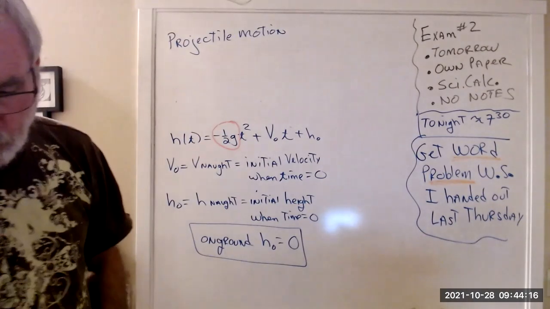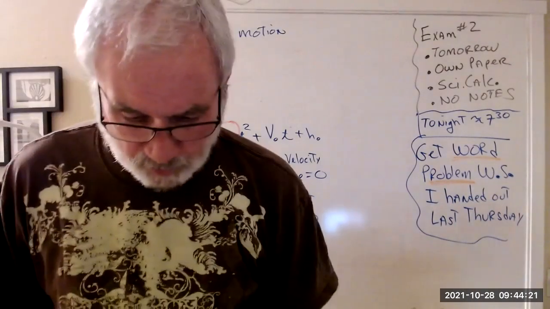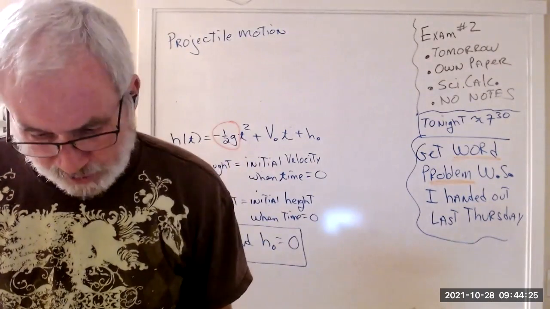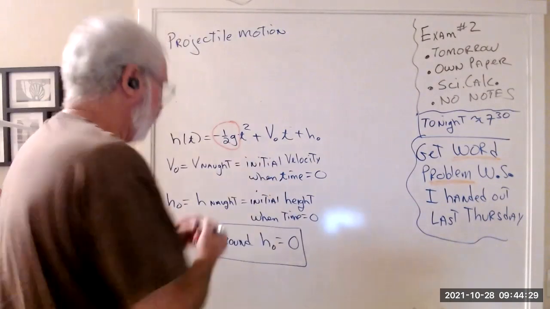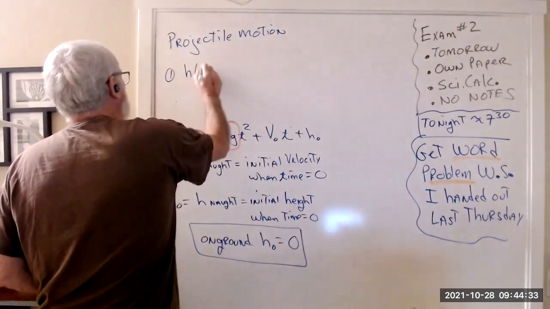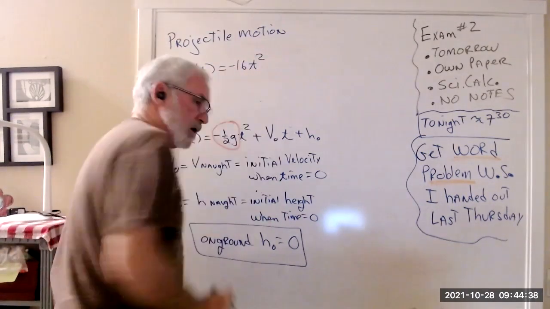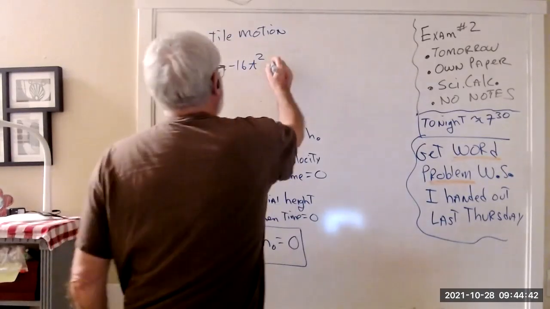Okay, so reading the first word problem, it says a projectile is fired straight upward from the ground and its height in feet is given by, and I give you this formula. So first problem, I give you h of t is negative 16 t squared plus 96t.